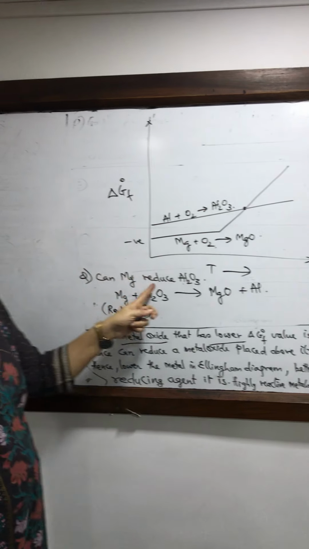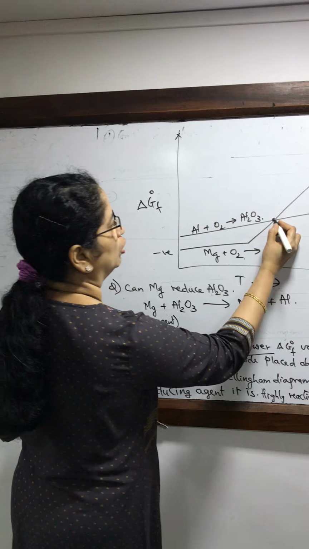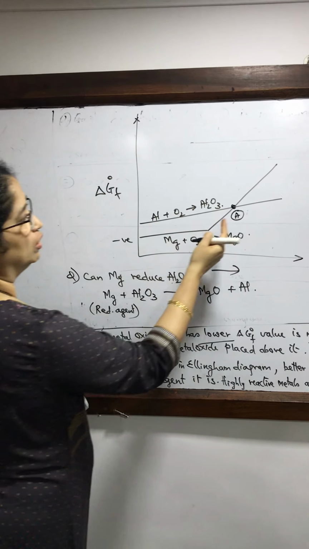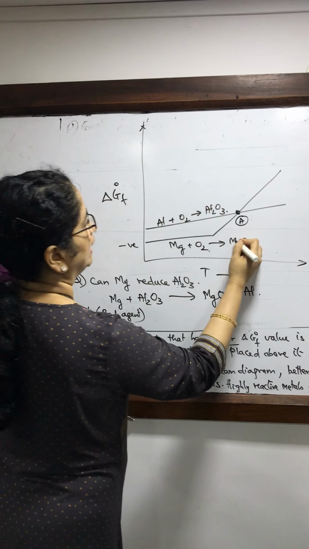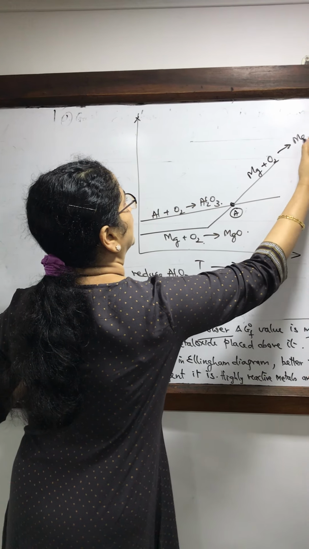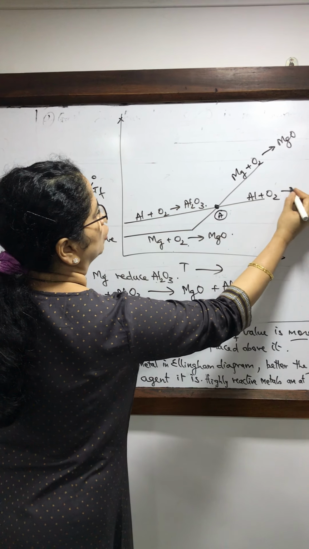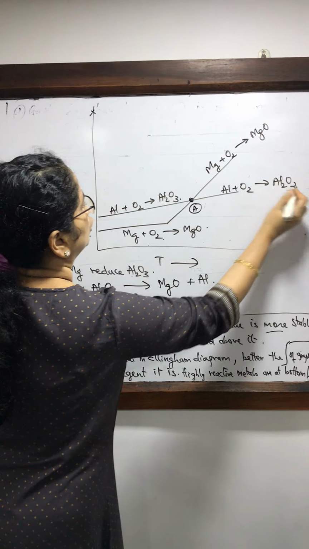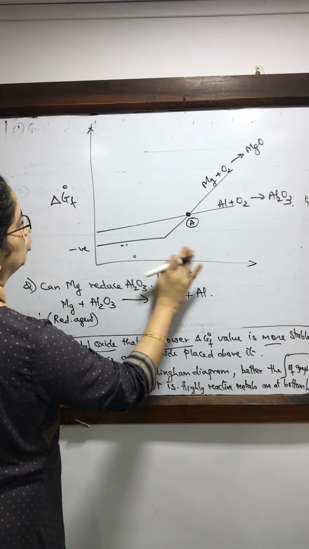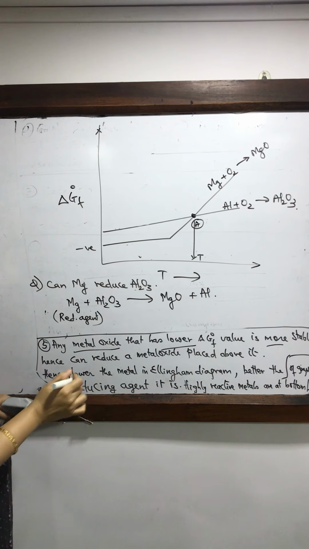So the answer is yes. But let us look at the graph beyond this point. This point is marked A. Beyond this point, you will see that the graph for the formation of magnesium oxide is higher, whereas that for the formation of aluminium oxide is lower. Now let us look at the graph beyond this point A, temperature T1.